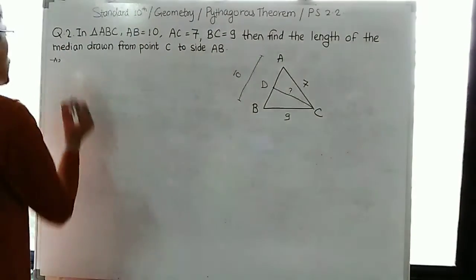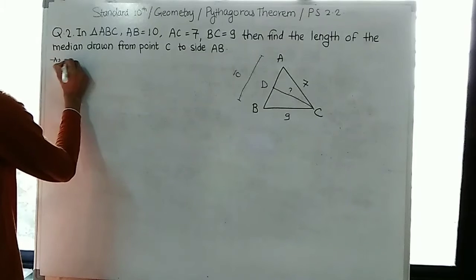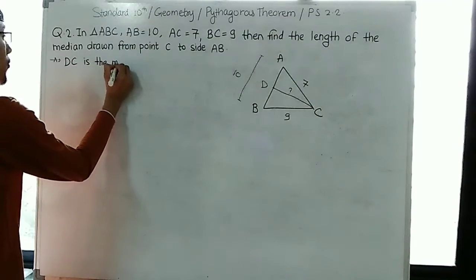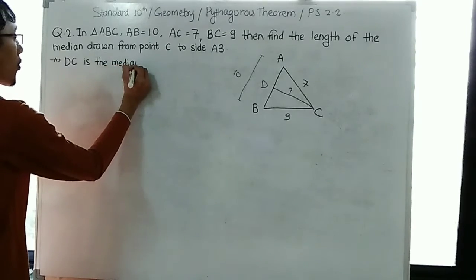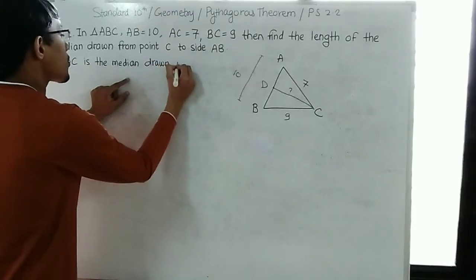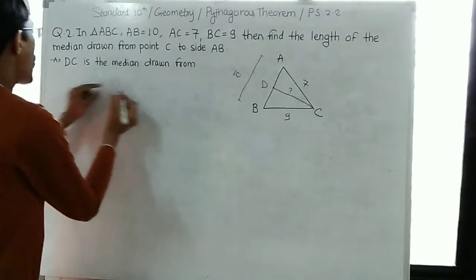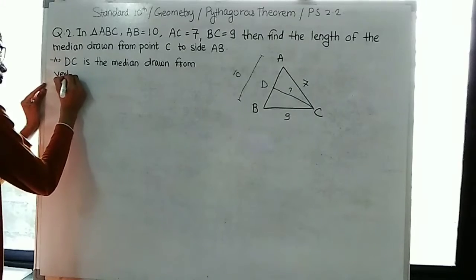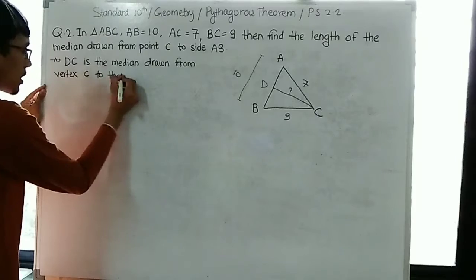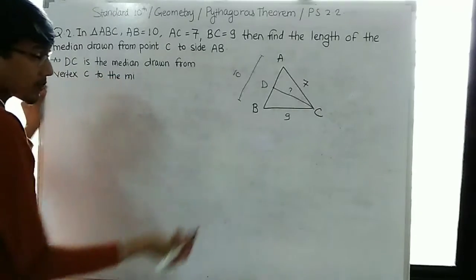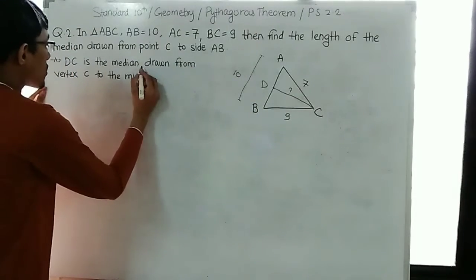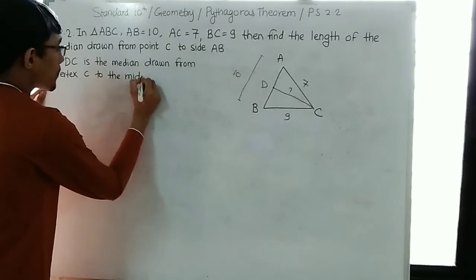So we can write first that DC is the median drawn from vertex C to the midpoint D. Now as DC is the median, definitely point D is the midpoint of side AB.